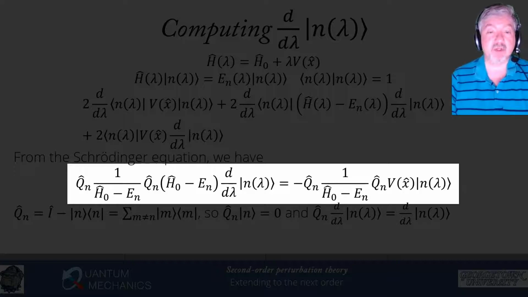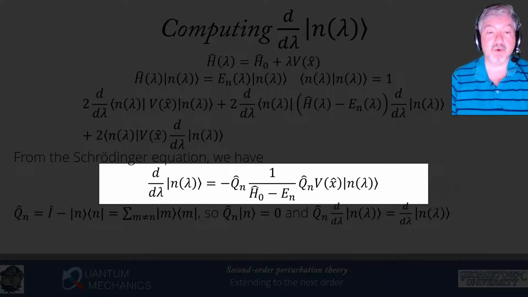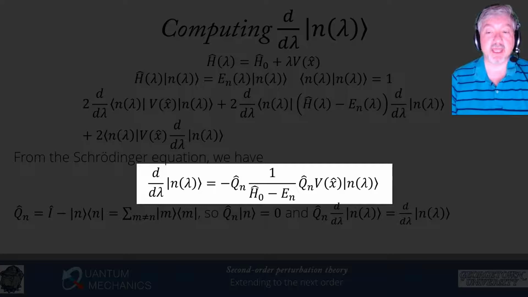Then I'm going to multiply both sides by that, and the Qn 1 over h0 minus en times the Qn (h0 minus en) is going to give me a 1, multiplied by this d by d lambda of n of lambda. And so I get now a formula for d by d lambda of n of lambda. It's just equal to minus Qn 1 over h0 minus en Qn v n of lambda.